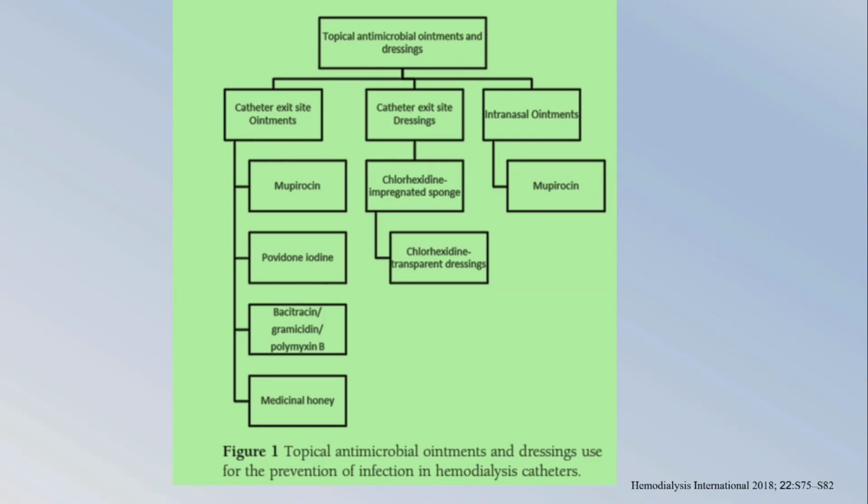Now again, let us make a distinction between antibiotic and antimicrobial. Mupirocin is antibacterial. Mupirocin, as you know, is an effective gram-positive antimicrobial. There are concerns about that, including the routine intranasal screening. There are some centers that follow that, and probably many more centers used to follow it in the past.